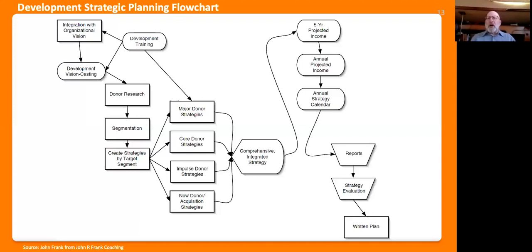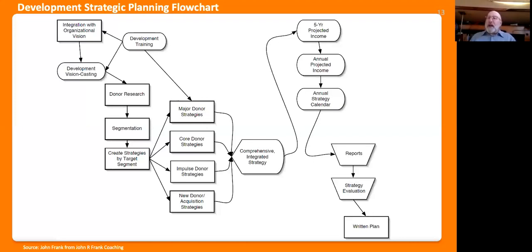Now, the final column over to the right, we aren't going to get into a lot of it today, but it is your accountability. You can project 5 years of income. Where are we going to grow? Which strategy? And then that's produced into this year's strategy, the annual projected income, your budget. Then you make a calendar out of that. Then we're going to go a little bit into how you report that and analyze it.